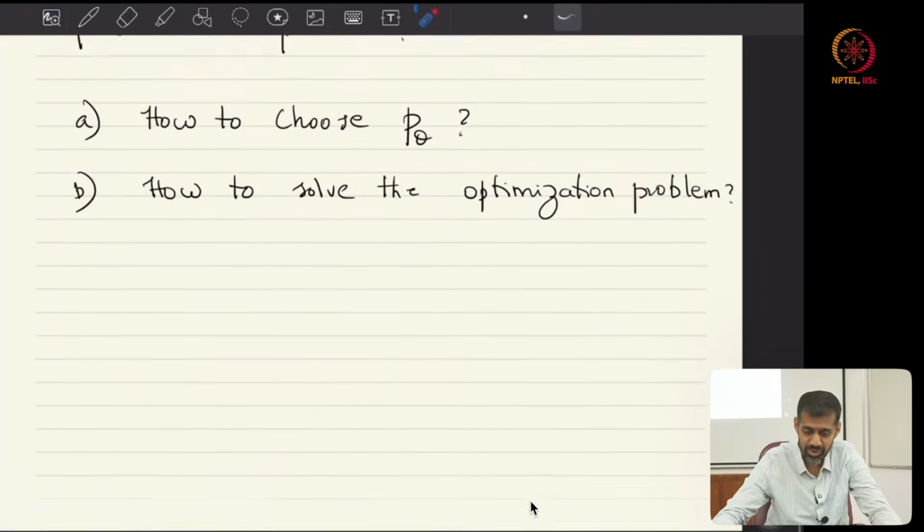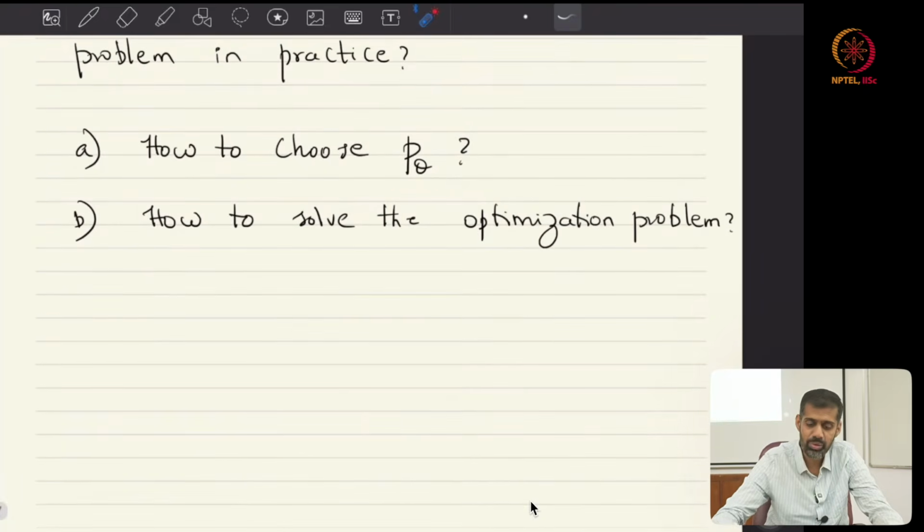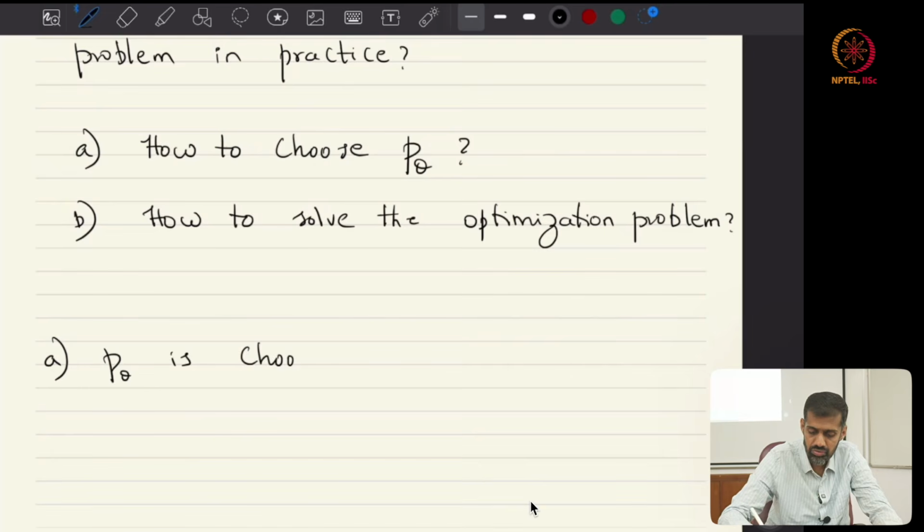Yeah, so I talked about loss function. So these two questions, how to choose p theta and how to solve the optimization problem. How is it done typically is that for question A, p theta is chosen using a canonical function approximator.